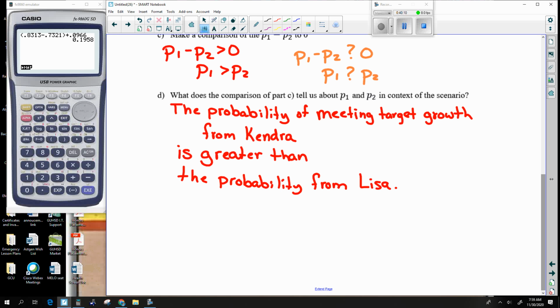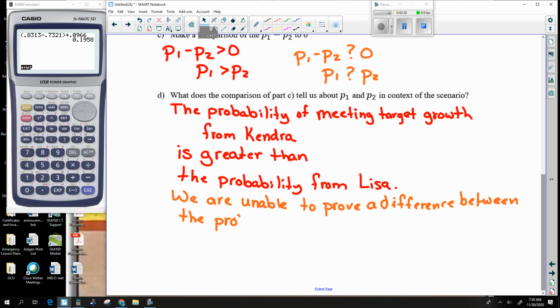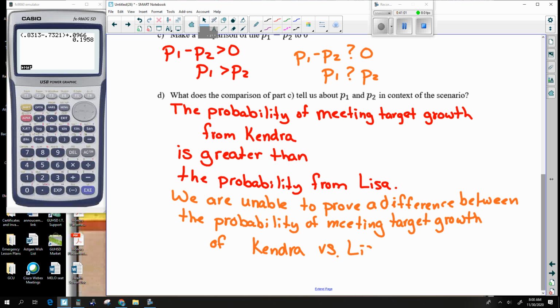Okay, and then we are unable to prove a difference between, because this does involve probabilities, we have to describe it. So we're unable to prove the difference between the probability of meeting target of Kendra versus Lisa.